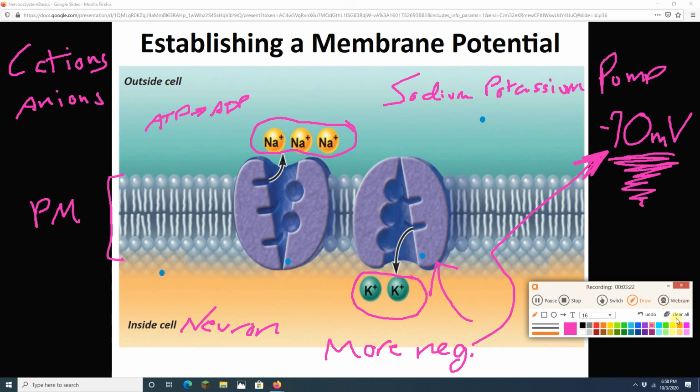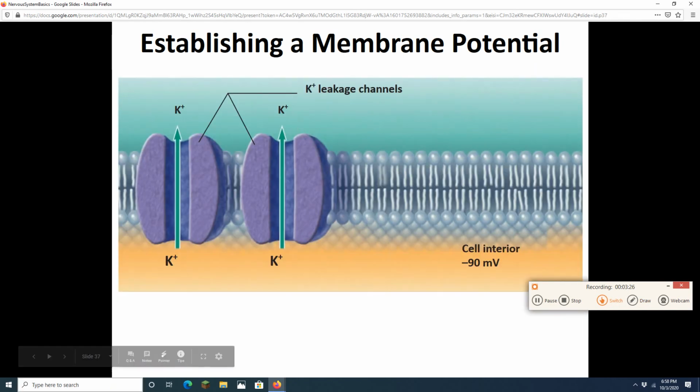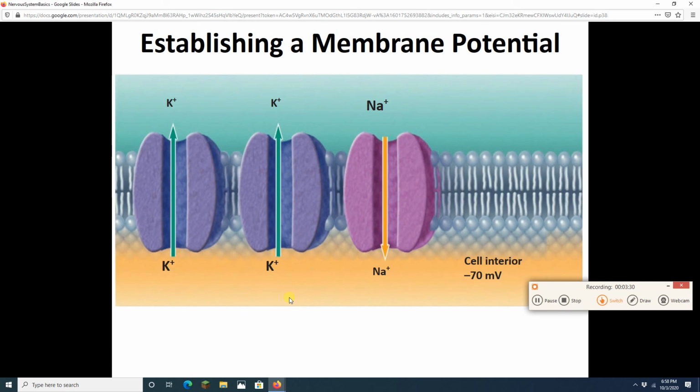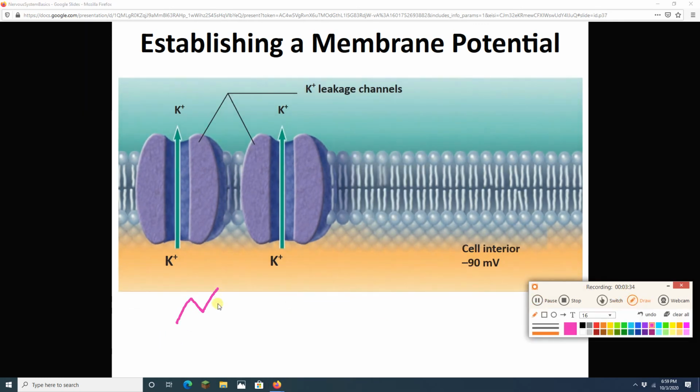But there's more. There's always more, right? There's also another type of integral protein we find in our neuron cell membrane. So I'm inside the neuron here, where it says cell interior, that's inside the neuron. In the membrane, here's our plasma membrane again. In the membrane, we have another type of integral protein called a potassium leak channel.